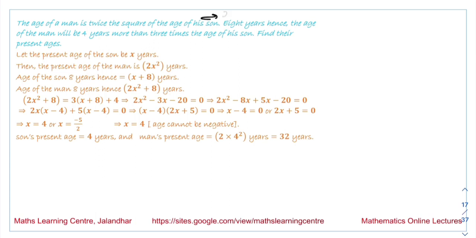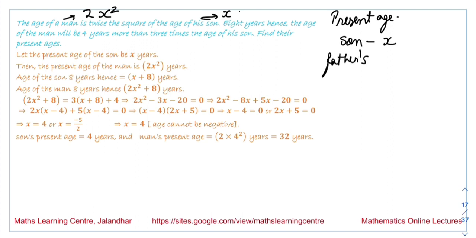So suppose the age of the son is x, so the age of the man will be twice the square of the age of his son. So the present age: son's age is x, and father's age is 2x square.